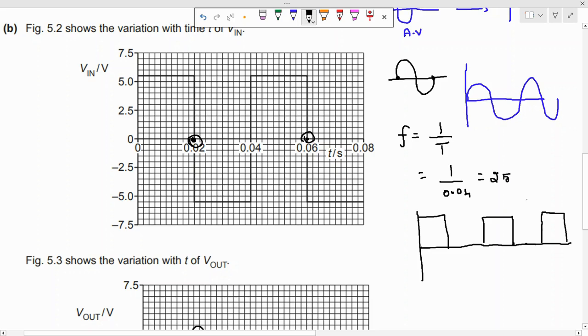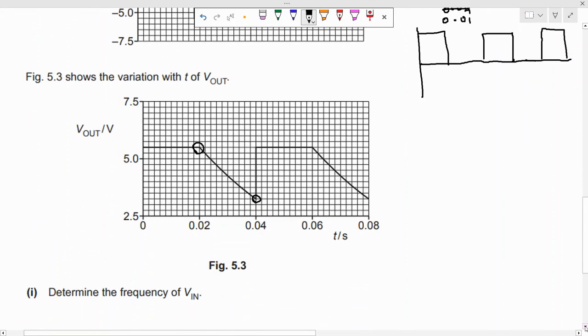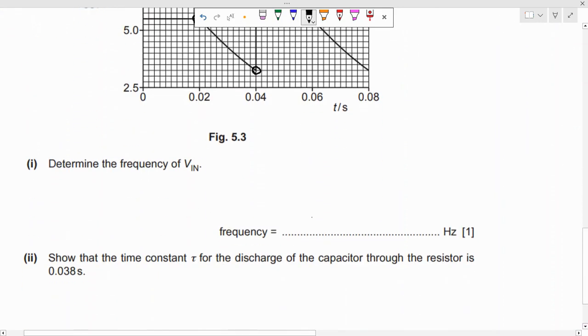The calculator is allowed for you, so you can use that, or otherwise you can do it like this also: 0.01 and then 0.025, so after that you will get 25. Then the frequency for that V input will be 25 hertz.